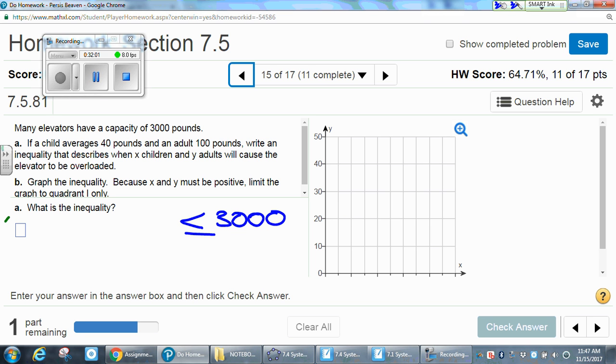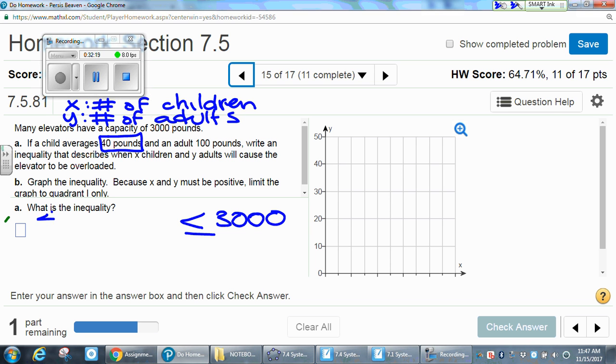Here, X is the number of children and Y is the number of adults. We don't know how many, but the average weight of a child is 40 pounds, so 40x, plus the average weight of adults, 100 pounds.